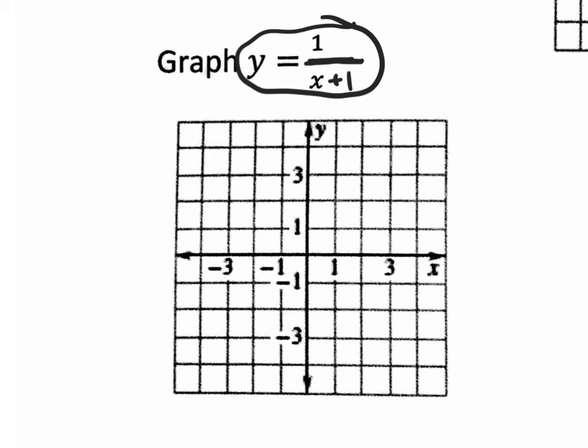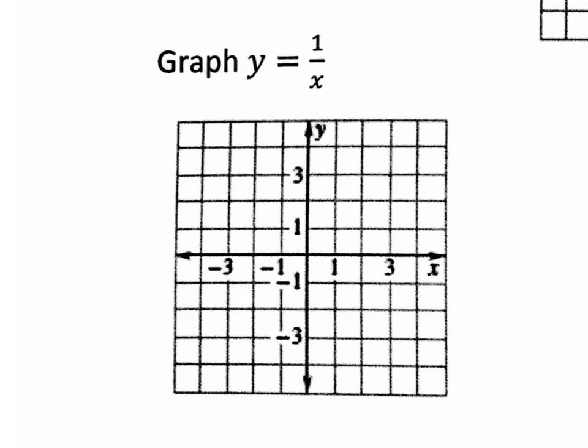Try to do that. And I also want you to look at the same function, but instead of, let's say, instead of having a plus 1 down here, let's put a plus 1 out here at the very end. All right, so we have the function y equals 1 over x. No plus 1 down here in the denominator, but plus 1 out here separate from the fraction itself. And then make an xy table, graph it, and see what it looks like.